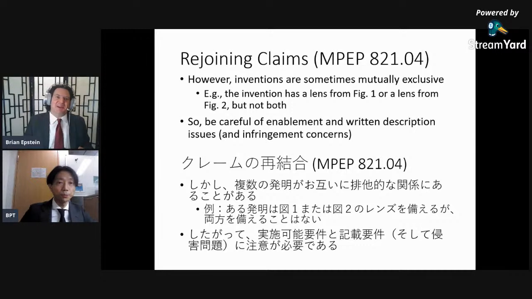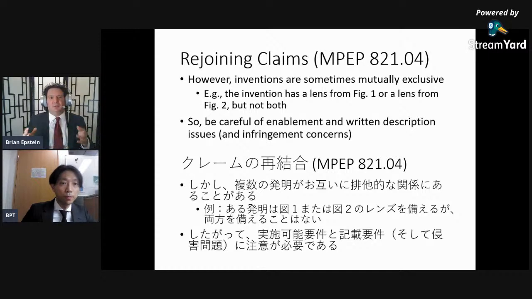However, sometimes the inventions are mutually exclusive or have other relationships that prevent applicants from making this move. So, for example, an invention might have a lens from figure one or a lens from figure two, but not both.